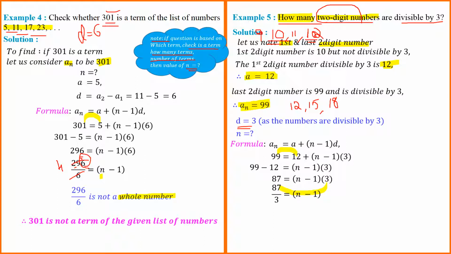When you divide it by 3, I guess you have the answer 29. Here 3 2s are 6, 2 will be carried, 3 9s are 27. So transpose 1 to the other side, it's going to be 30. Then how many 2-digit numbers are divisible by 3? You're right, 30 numbers. 30 two-digit numbers are divisible by 3.